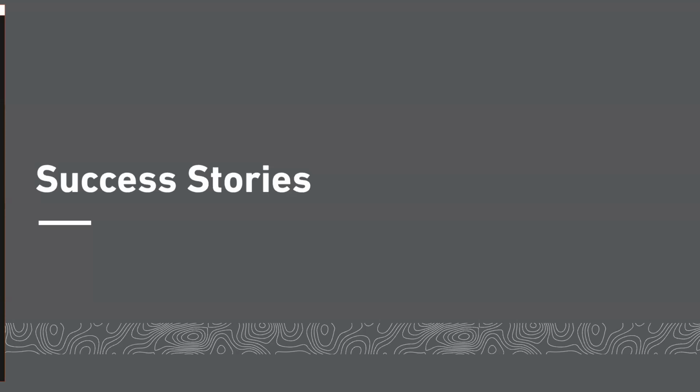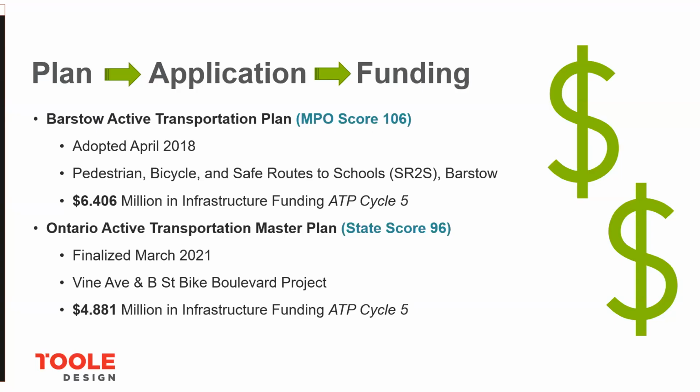I want to share a few projects that were recently awarded in the ATP Cycle 5. Back in 2018, I was part of the Barstow Active Transportation Plan, and Jonathan actually reached out to me for assistance on a grant application for the city.